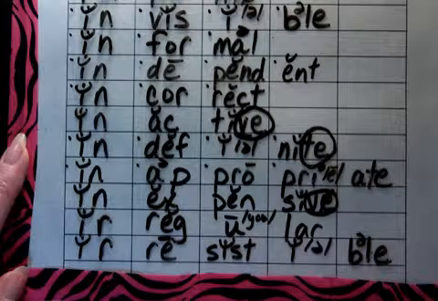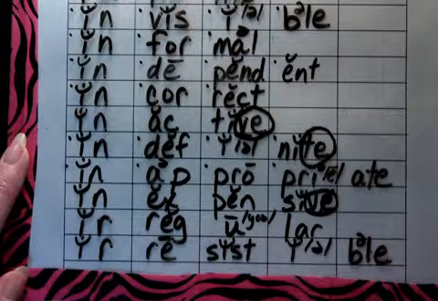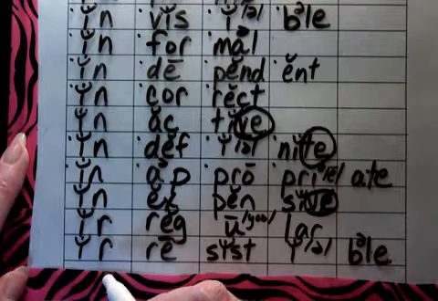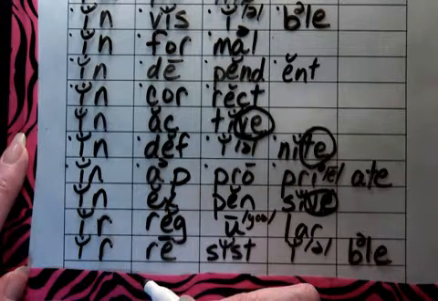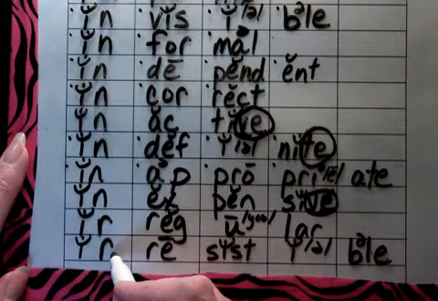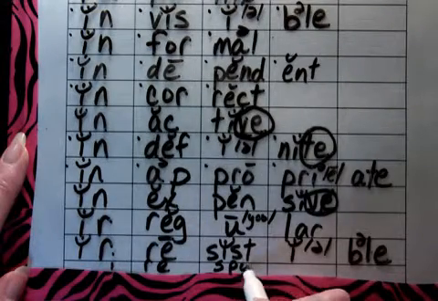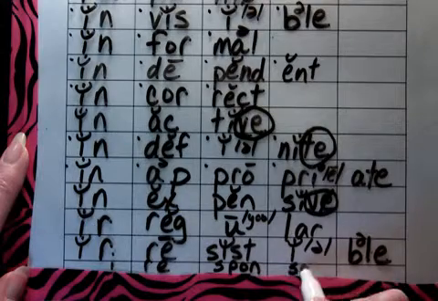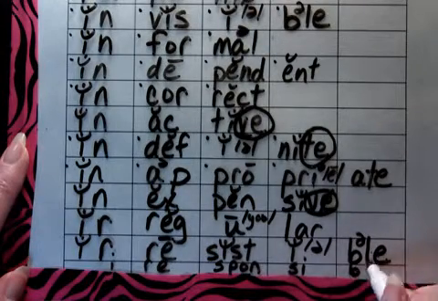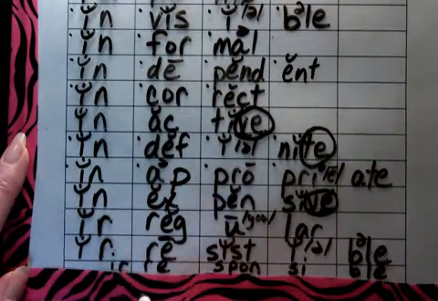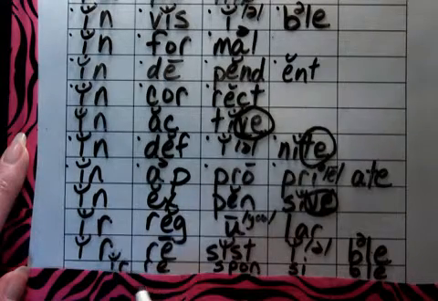Alright, now the next one, let me see if I can squeeze it in. I was going to erase this one, but let me squeeze it in. Irresponsible. Double the R. Keep that vowel short.